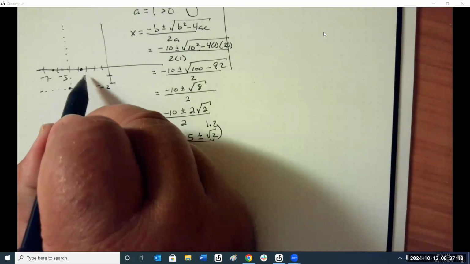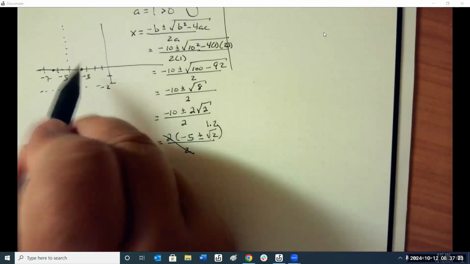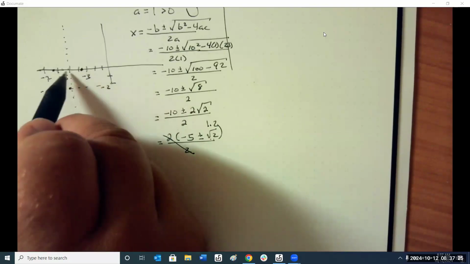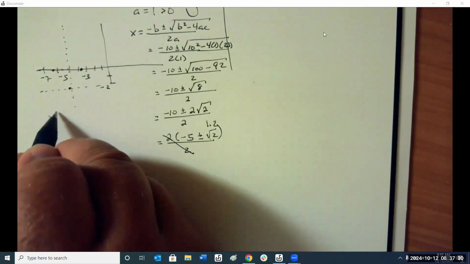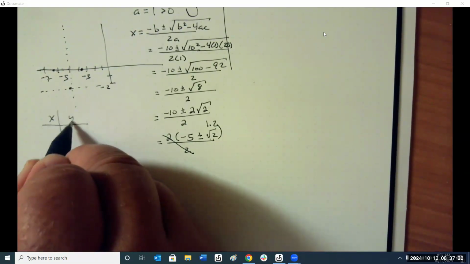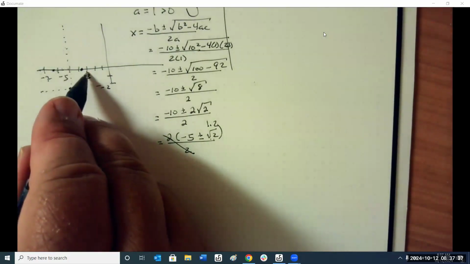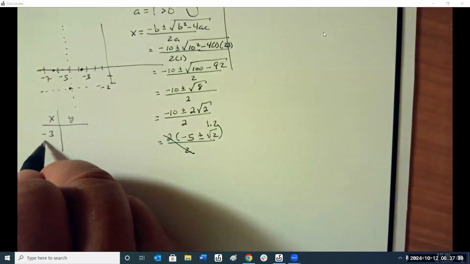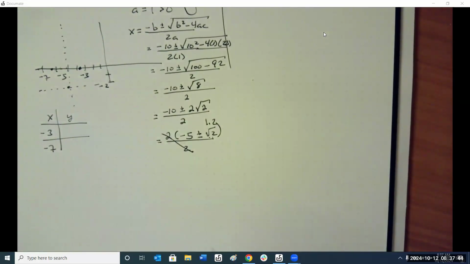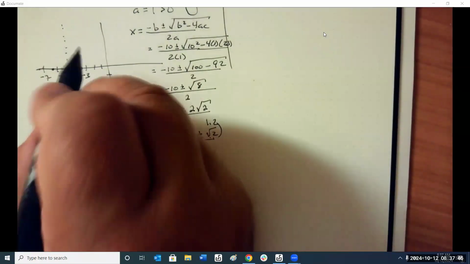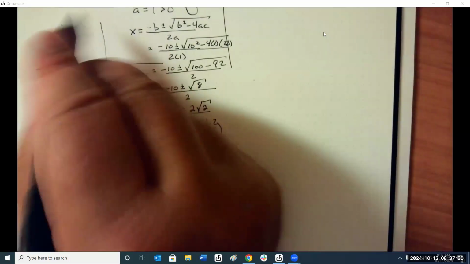All right, so let's pick a point. -3, so it's 2 spaces to the right, and 2 spaces to the left. We put -3, it'll be up here somewhere, and we have -7. That's this one. So I've got to find a couple of points. We know it goes through the vertex, it goes through the x-intercepts.